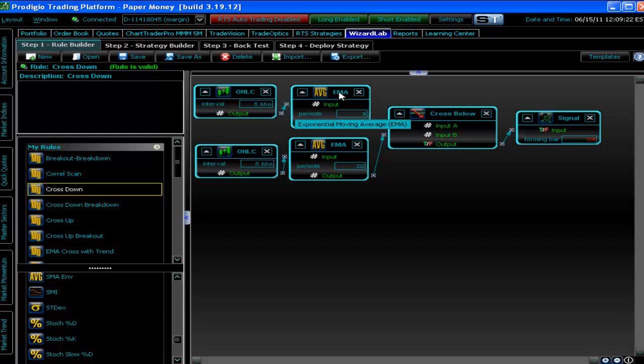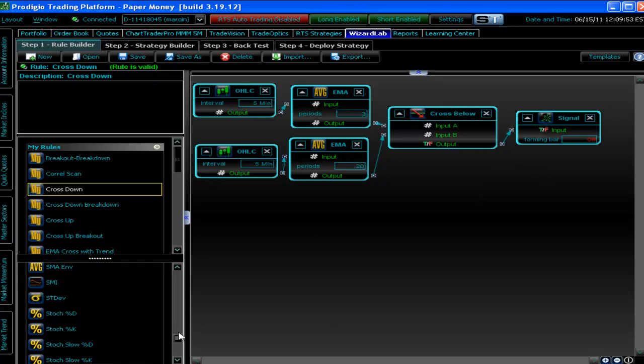I'm sending those 5-minute OHLCs into an exponential moving average technical analysis study, and I'm looking for a logical operator called cross below. So this is saying, as OHLC data flows into the system, perform a 3-period exponential moving average on that data. Also perform a 20-period exponential moving average on that data. And when the 3-period EMA crosses below the 20-period EMA, that's going to fire a signal. So very basic, very simple.